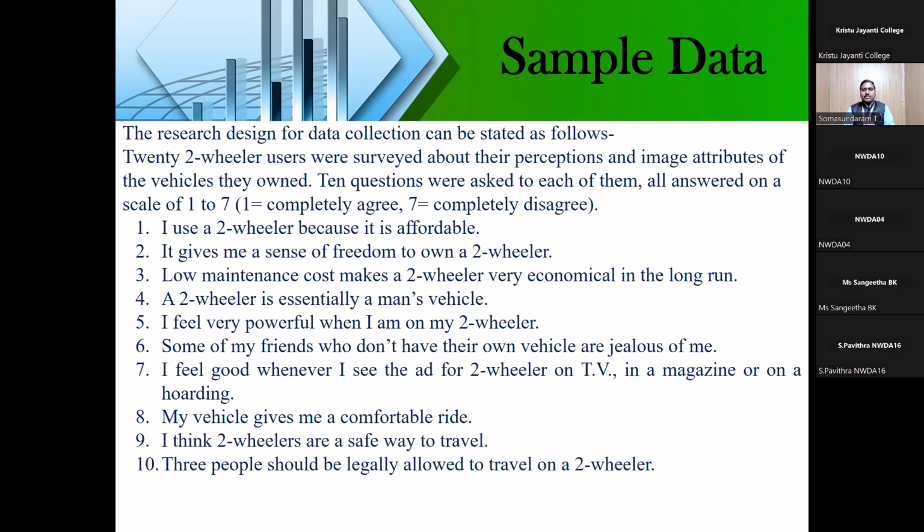I measured this with a 7-point scale, where 1 is completely agree, 2 is agree, 3 is slightly agree, 4 is moderate, 5 is slightly disagree, 6 is disagree, and 7 is completely disagree. I wanted to measure all these 10 items with a 7-point scale.